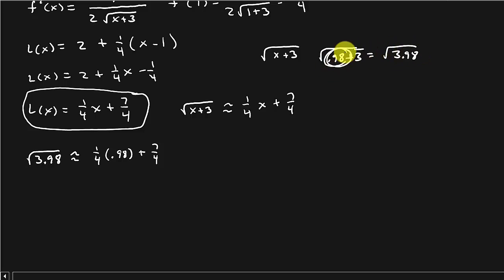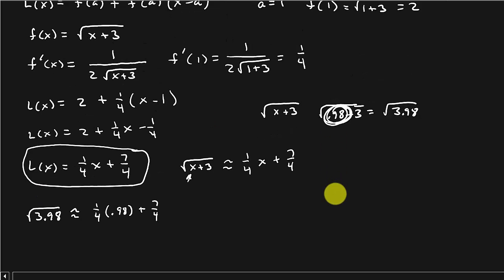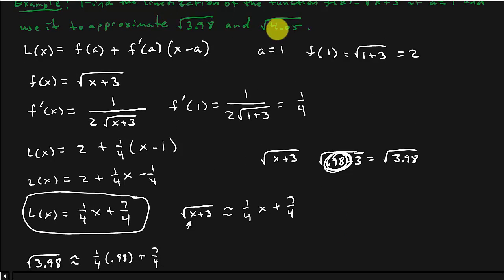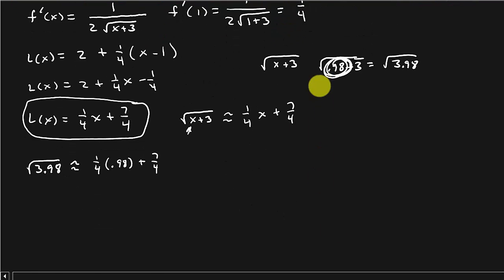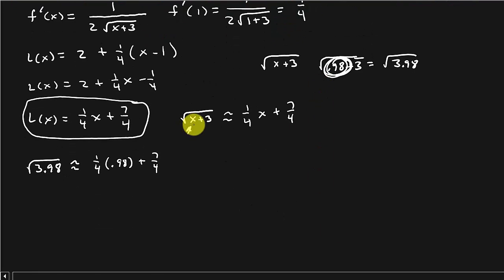So in this case, x is 0.98. See, that's your x. 0.98 plus 3 gives us the 3.98. And then I'll just go ahead and tell you. So for 4.05, what would x be? 1.05 plus 3 is 4.05.